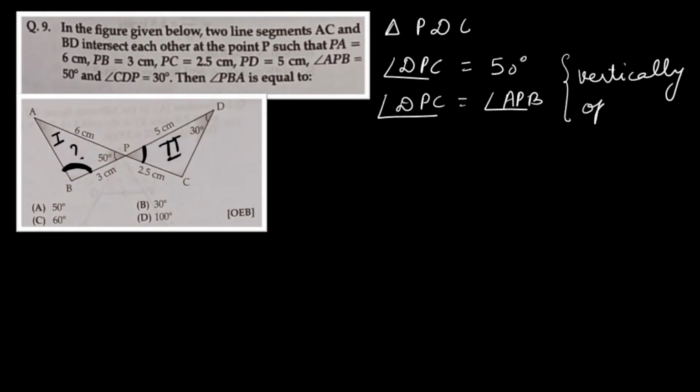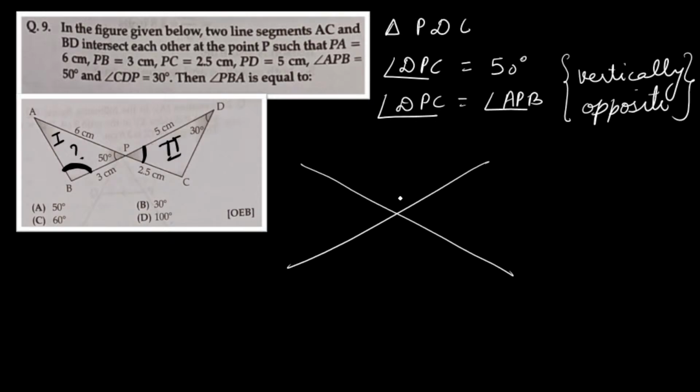So it's 50 degrees. Why is it 50 degrees? Angle DPC is equal to angle APB, vertically opposite angles. I always mention a cross line.